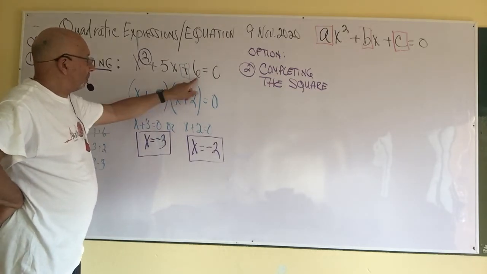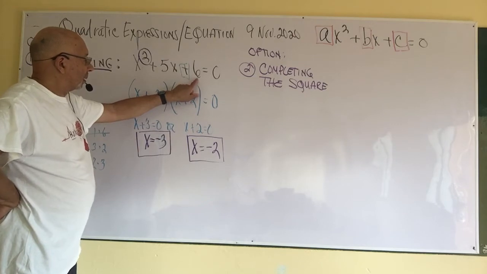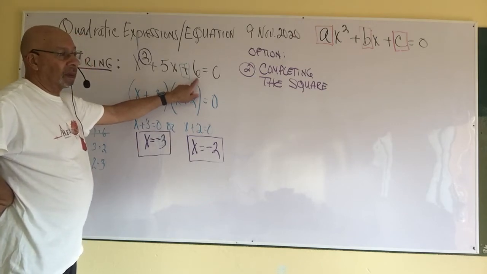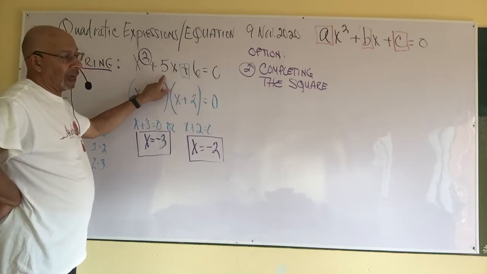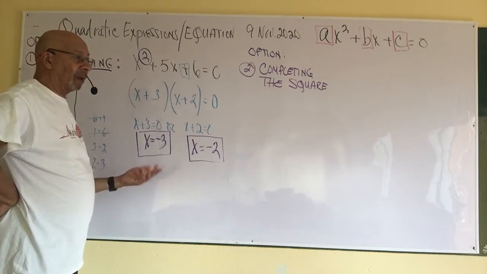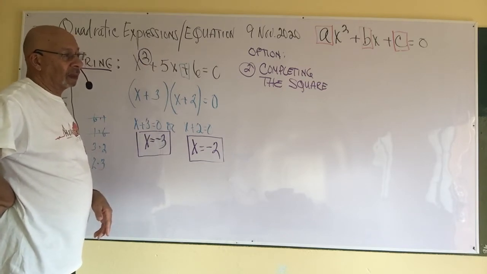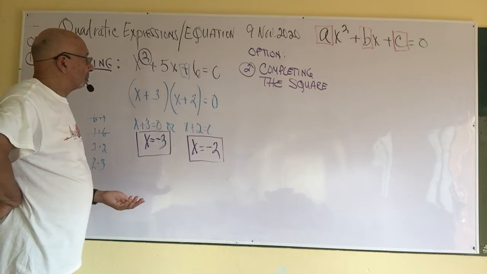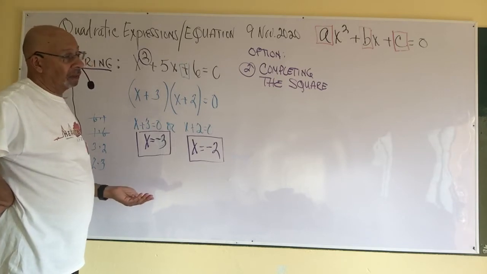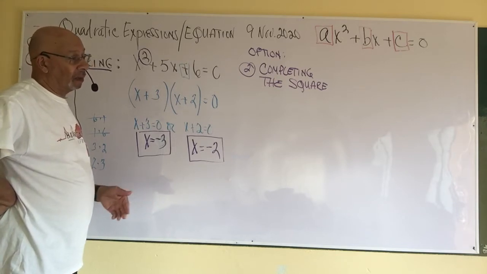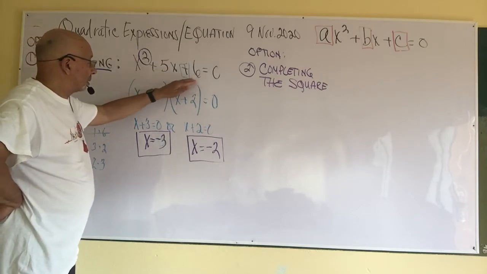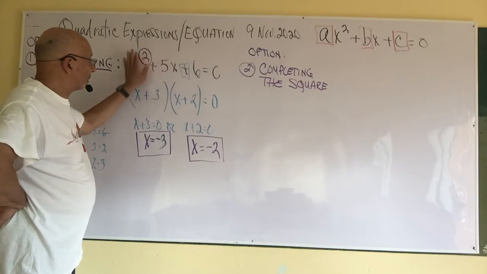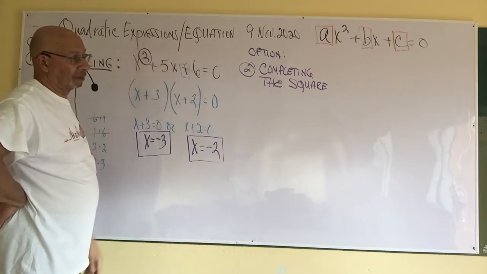Let's say if this was a 5, there are no two numbers that multiply to make 5 and add to make 5. 5 and 1 multiply to make 5, but 5 and 1 add to make 6. The only factors that will make 5 are 5 and 1, or 1 and 5, but they won't make this 5. So if this were 5, you'd have something that you can't factor.